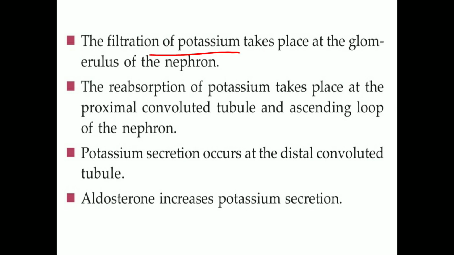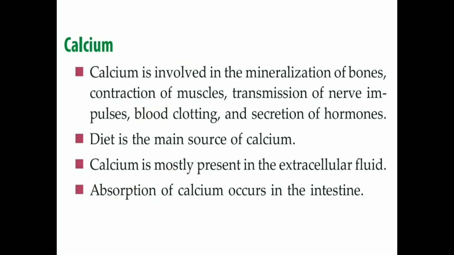Filtration of potassium takes place in the glomerulus of the nephron, and the potassium which is required will be reabsorbed by the kidney tubules, and what is not required will be excreted or secreted out. Aldosterone also helps in maintaining its balance.